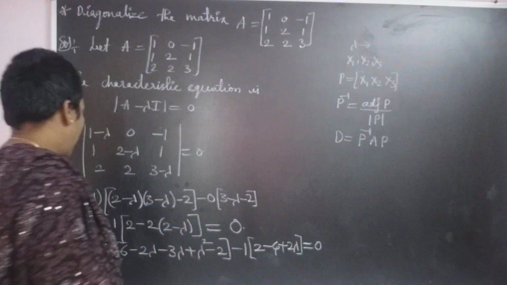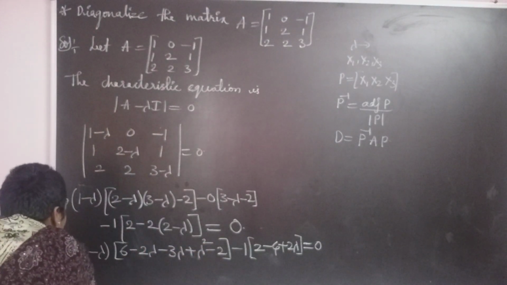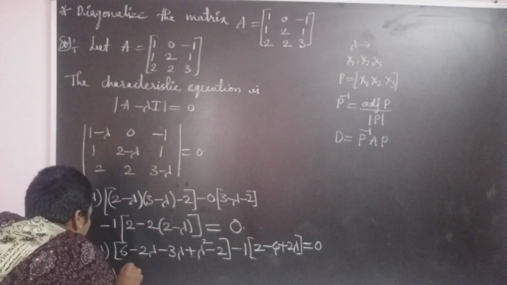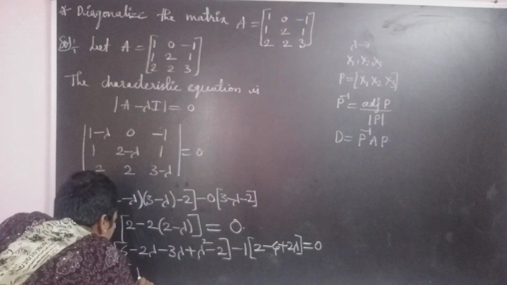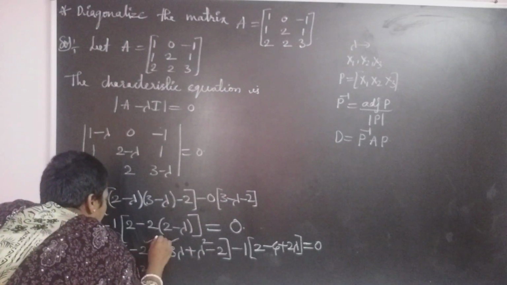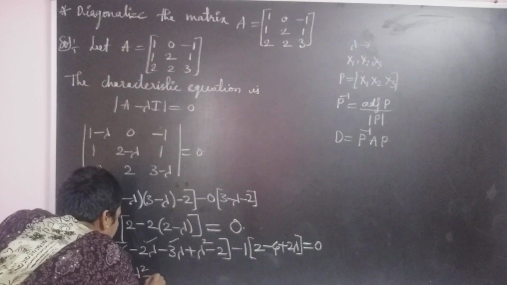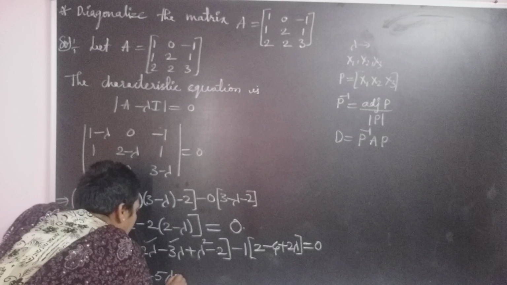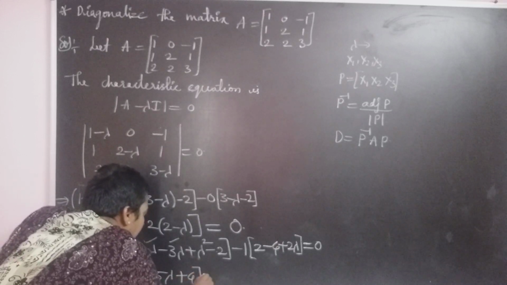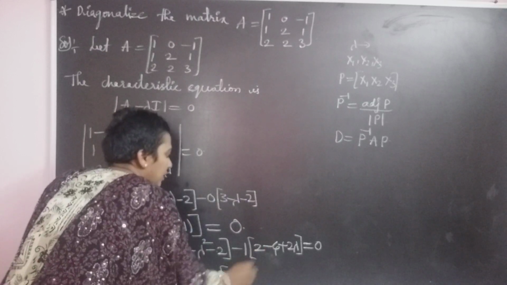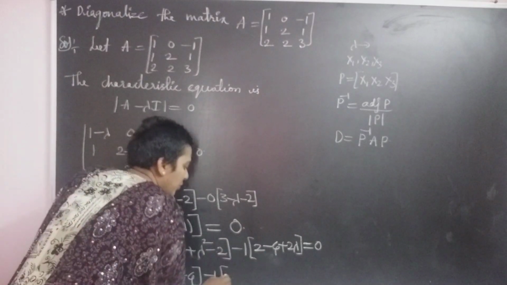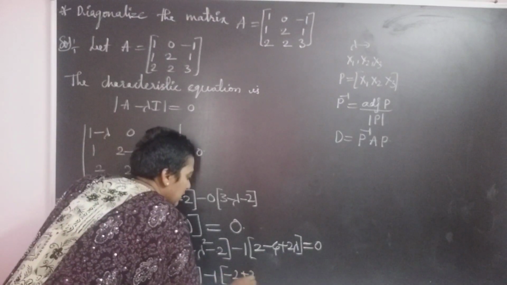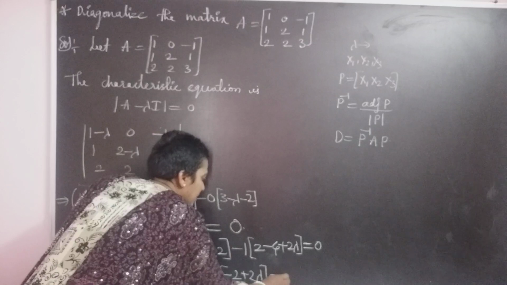Again simplifying: 1 minus lambda into lambda square minus 5 lambda, 6 minus 2 is plus 4, then minus 1 times 2 minus 4, which is minus 2, plus 2 lambda equal to 0.